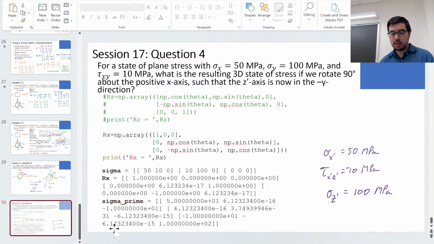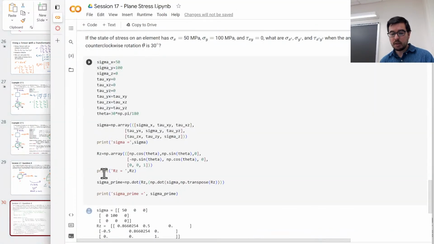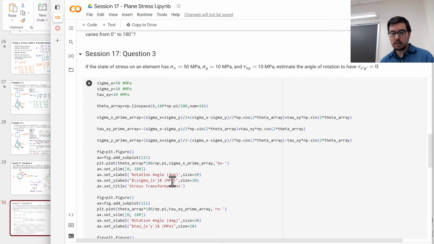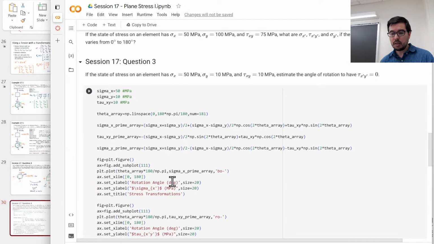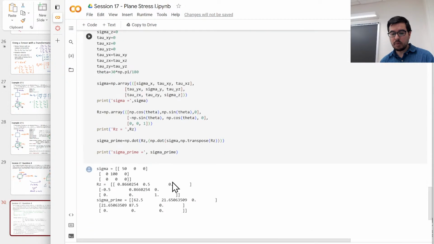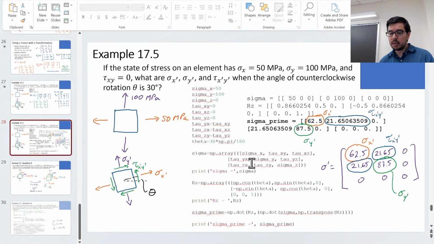So now we have our MP dot RX, that's what we're looking with MP dot the sigma with the transpose of RX.